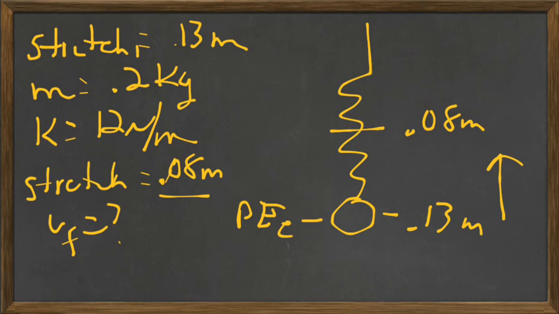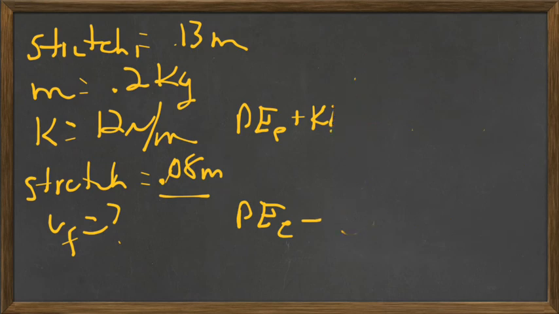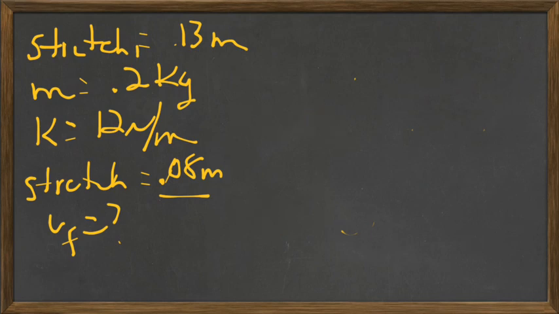At this point, it does have elastic potential because it's still stretched out, but it also has kinetic energy because it's in motion. So I set up a statement of conservation of energy where it has one form of energy to start, in this case elastic potential, and it has two forms of energy at the point where I'm going to take my measurement, elastic potential and kinetic.